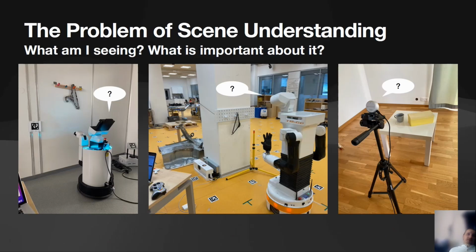So as I see, the problem is how to describe tasks, how to describe scenes. Here we have examples like a robot standing in front of some scene, and we show it some objects or situations, demonstrations. For the robot, it's just a blob of points or just an image from a camera.